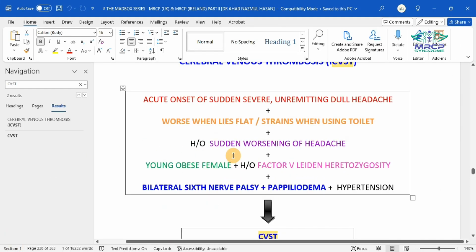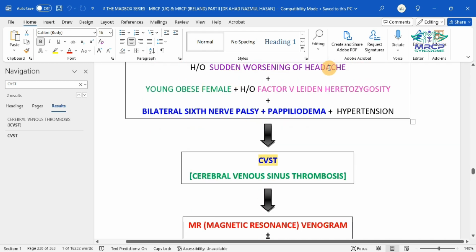So this usually occurs in a young obese female, often with a history of factor V Leiden heterozygosity. And a patient usually comes up with the acute onset of sudden severe unremitting dull headache. In some cases, chronic symptoms may also occur, especially if the patient comes after a few months. Usually it worsens when lying flat or straining on the toilet, with history of sudden worsening headache.